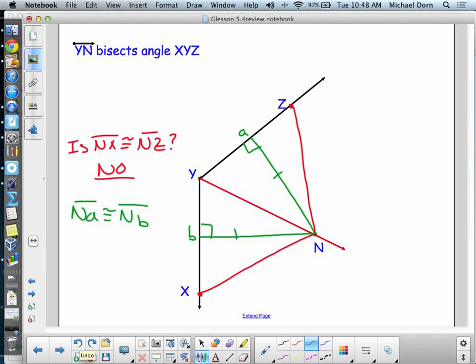Those would be congruent because those are right angle distances. This is not true because this is not right angle distance. You're just equidistant at any two points on the side. Equidistant means right angle with the side. Got to have that right angle before we can conclude equidistant.